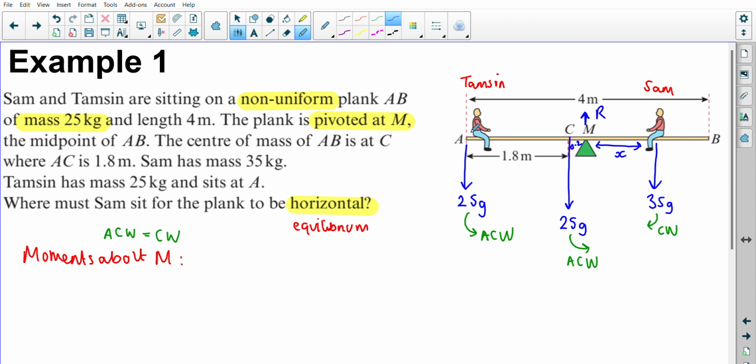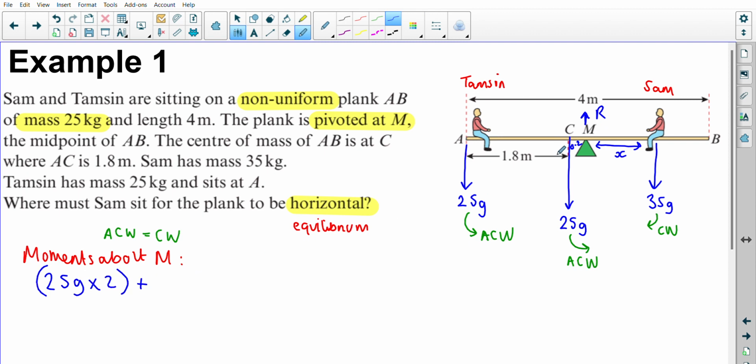So I'll take Tamsin's weight first. Tamsin's weight, the force, times the perpendicular distance. That's 2 metres all the way to M. So 25g times 2.